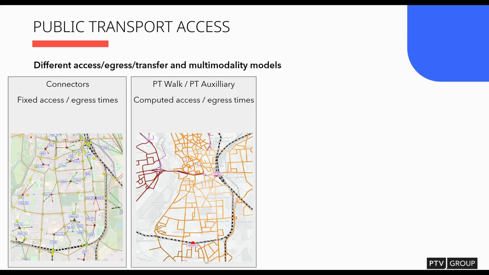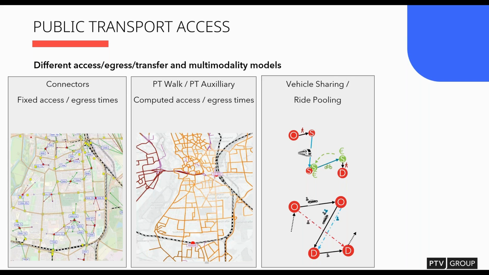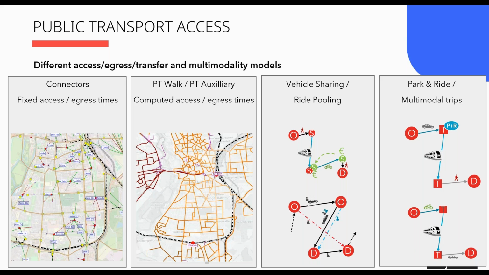So this is actually computed access. You can look at things like walk times if you have the walk network. You can also access via vehicle sharing or ride pooling, like we discussed a minute ago, and also consider things like either park and rides or multimodal trips as well. So these represent a lot of different ways that you can move around within the transit network.